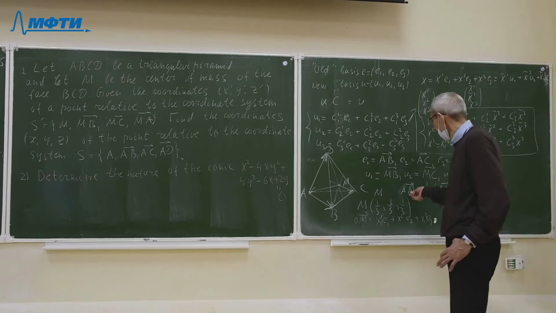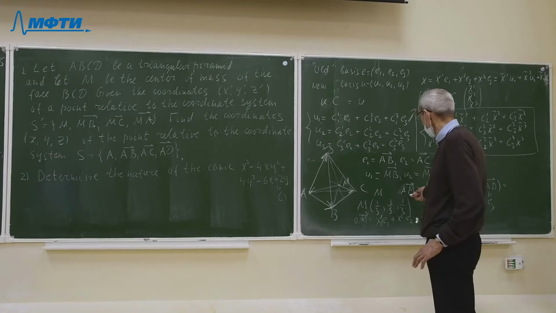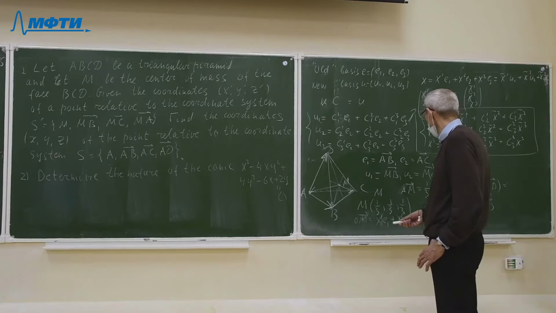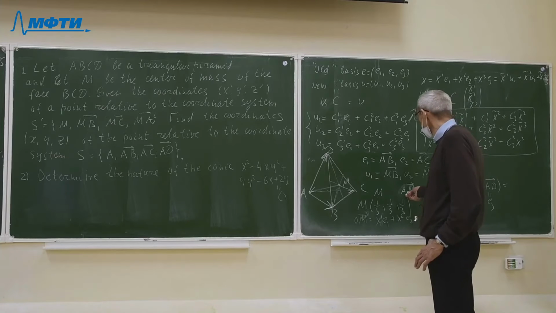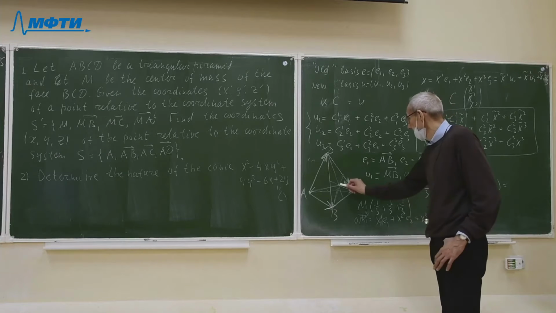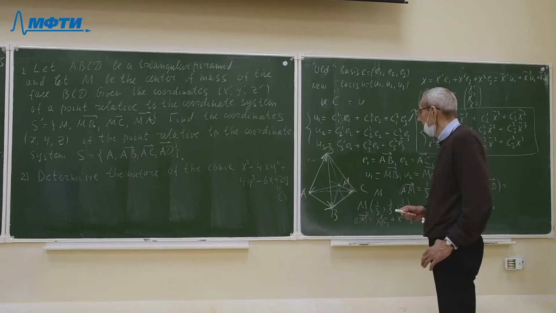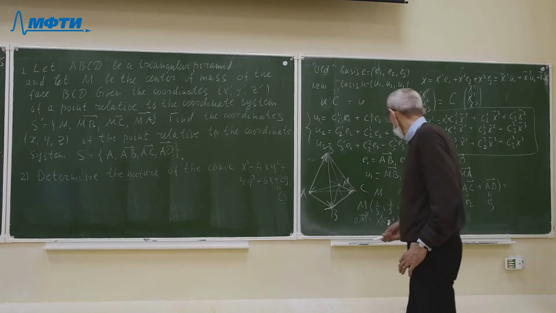And the coordinates of the vector AM are exactly equal to the coordinates of the point M, the origin of the new coordinate system.